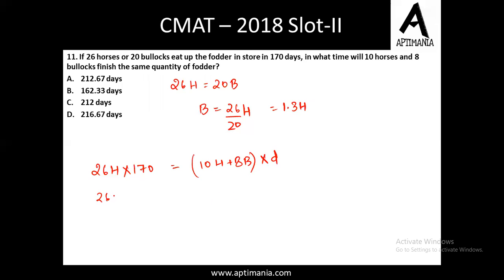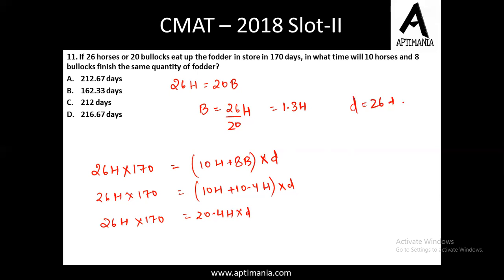So I'll have 26H into 170 equal to 10H plus 8B, and B I'm putting as 1.3H. So 8 into 1.3 is 10.4H into D. So it will be 26H into 170 equal to 20.4H into D. To calculate the value of D, I'll write 26H into 170 upon 20.4H.